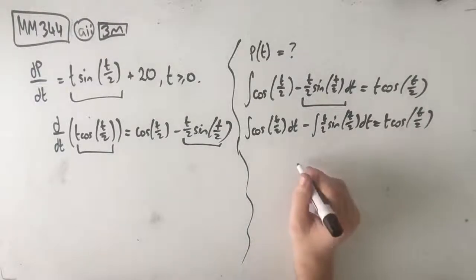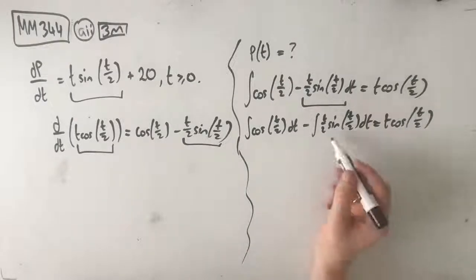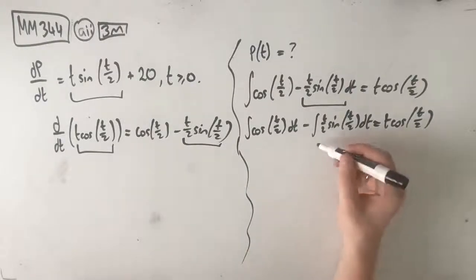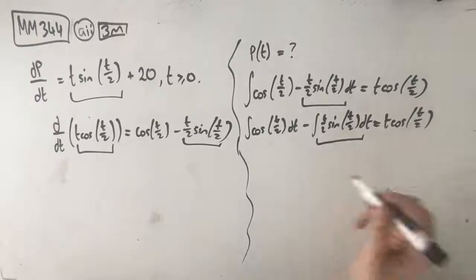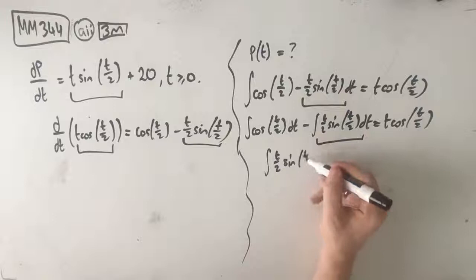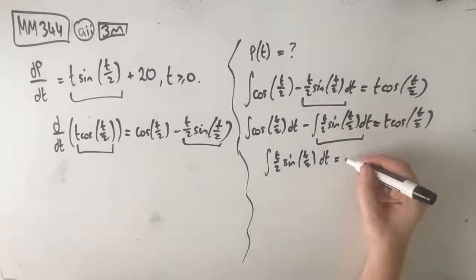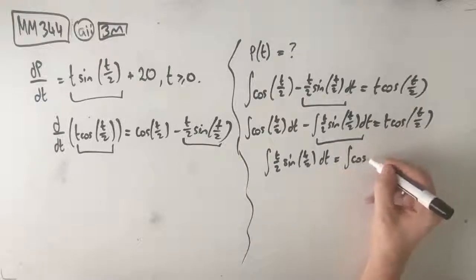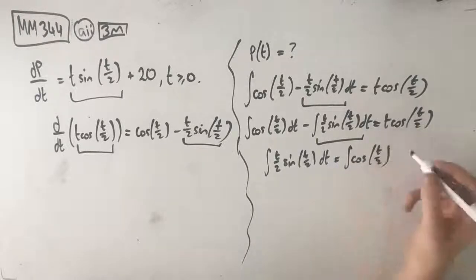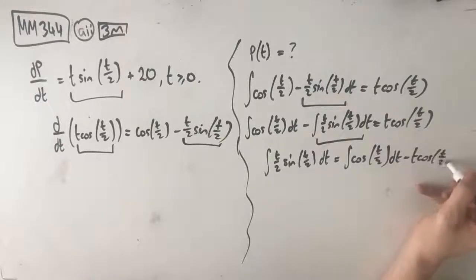Actually, we're going to get this on one side by itself. So what we end up with is the integral of t on 2 sine t on 2 dt equals the integral of cos t on 2 dt minus t cos of t on 2.